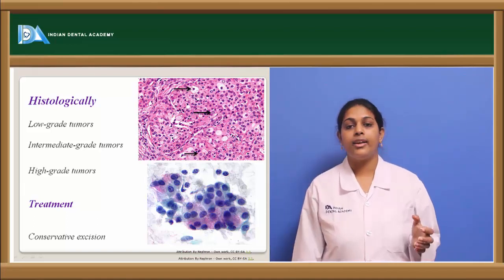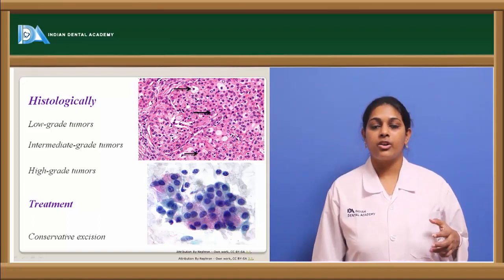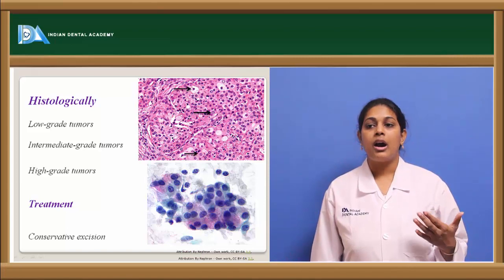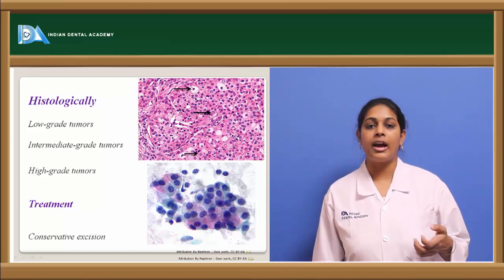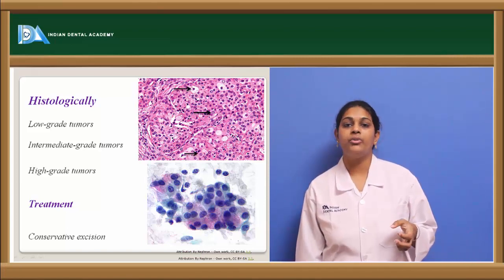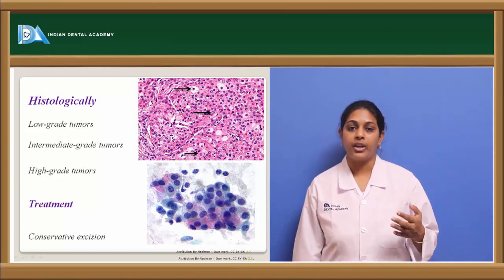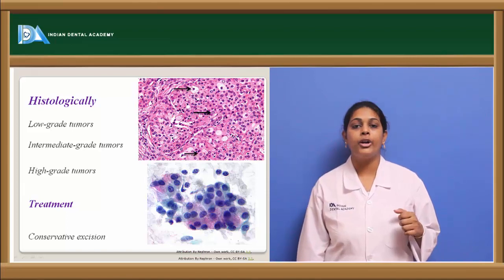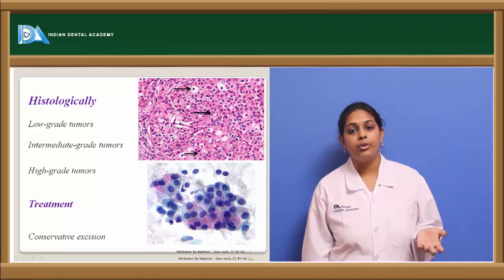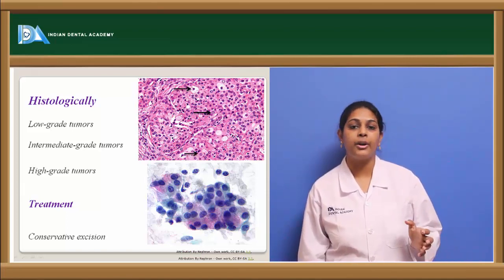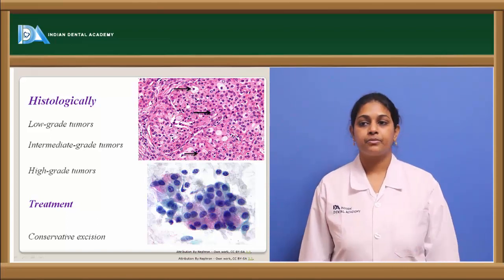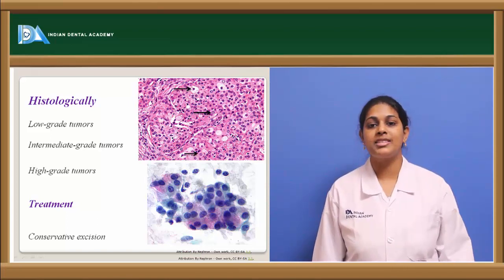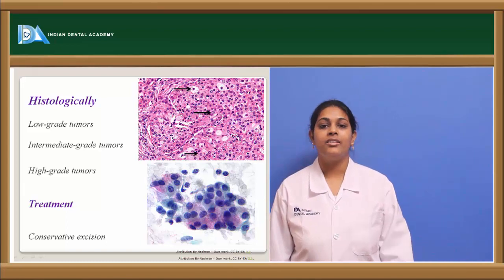Other than that, we also see certain grades of the tumors, that is low grade, intermediate grade, and high grade tumor. Among the low grade tumors, we find that other than the epidermoid and intermediate cells, the mucous cell is predominant compared to the other cell populations. There is also the presence of numerous cystic spaces in this tumor.